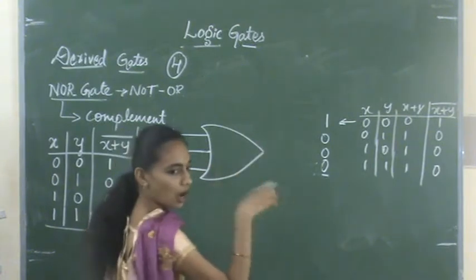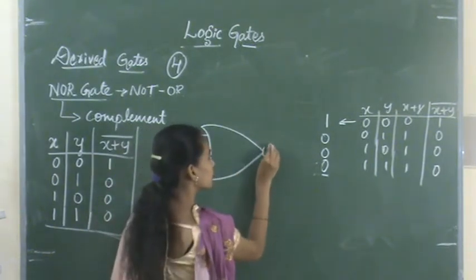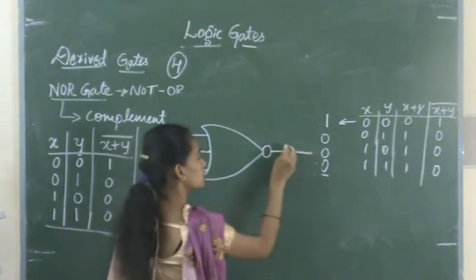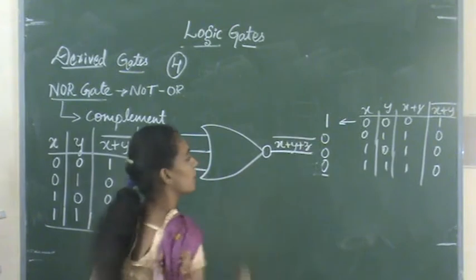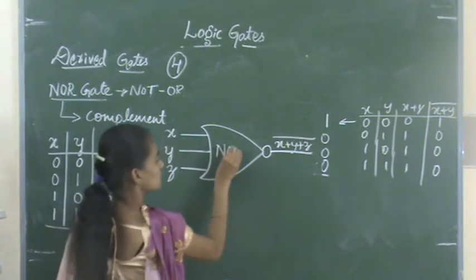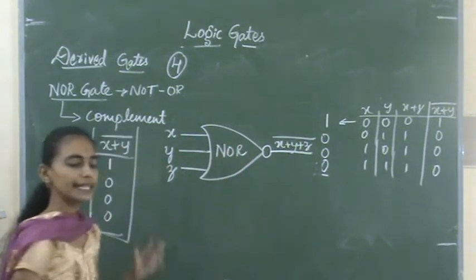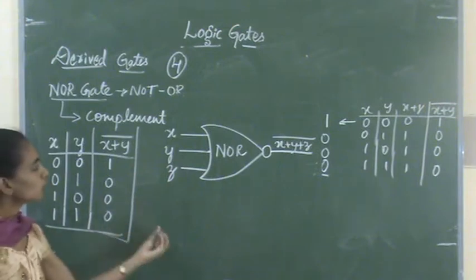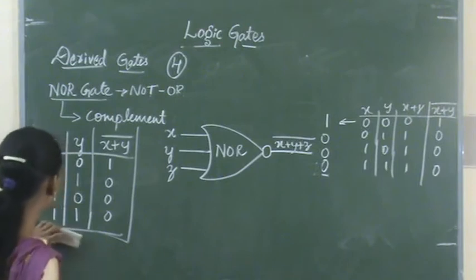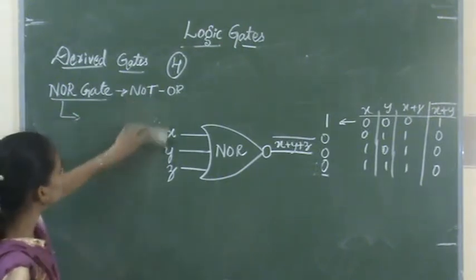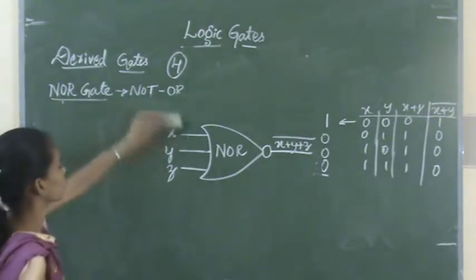So this is an OR gate, and for this I am writing a bubble. This represents X plus Y plus Z whole bar. So this is the NOR gate, a three input NOR gate. How to write the truth table for this three input NOR gate?